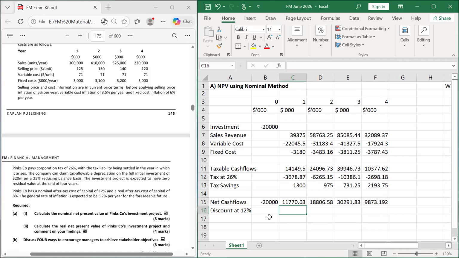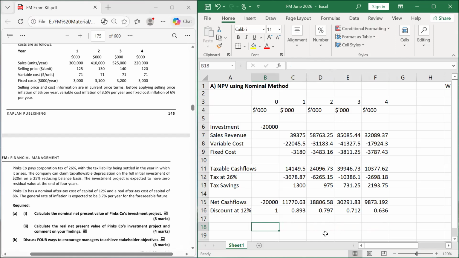So discount factor is 1, then it's 0.893, 0.797, 0.712, and 0.636.